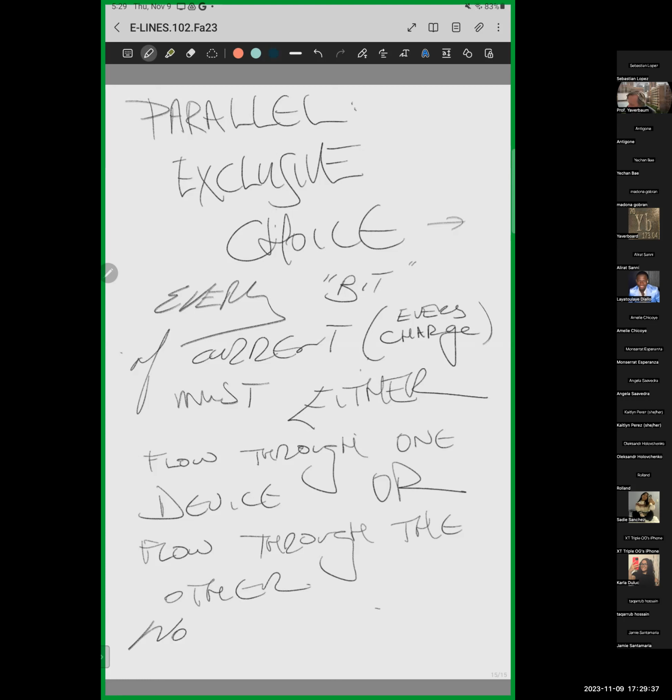No charge can flow through neither nor both. I'm being overly explicit, but we have to be. It's a literal exclusive choice.